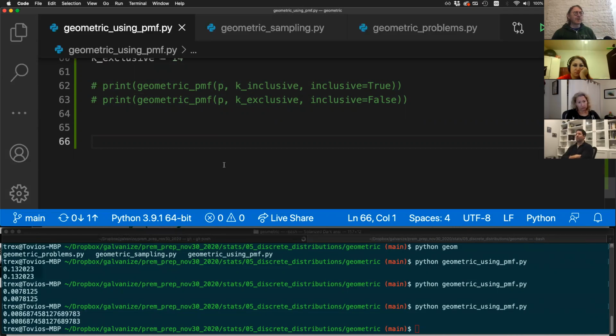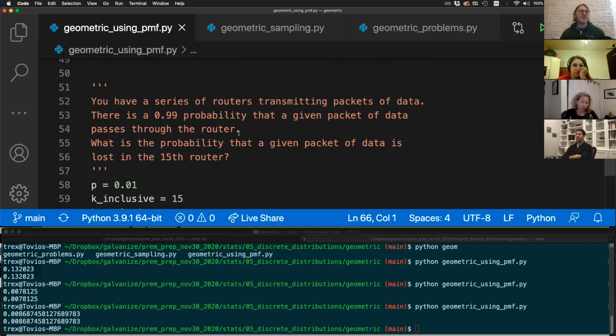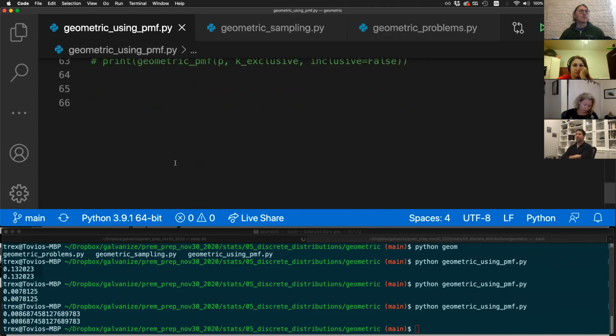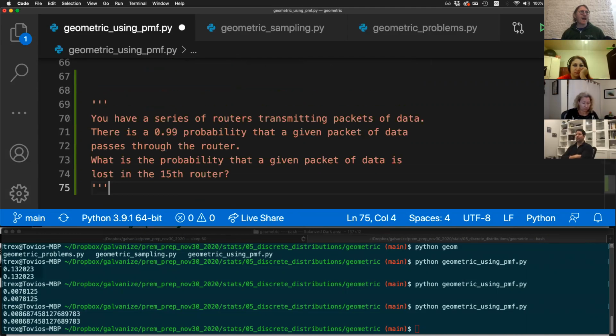Geometric has a very helpful CDF, and we're more likely to ask this question not in the sense of what is the probability that a given packet of data is lost specifically in the 15th router, unless maybe the use case is diagnostic, right? We want to compare it to the actual thing we're observing.